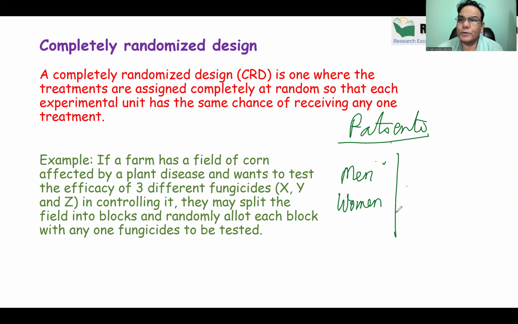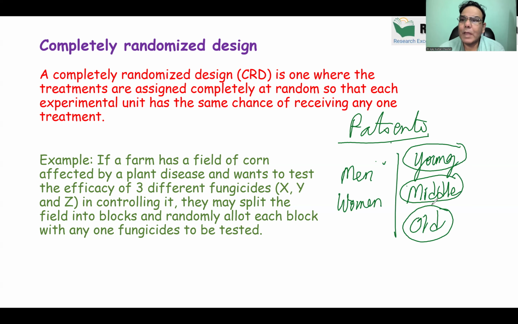Another possible grouping is young patients, middle-aged patients, or old-age patients. So this is group number one, this is group number two, and this is group number three. Or you can divide the patients on the basis of marital status: unmarried, married, or single. So the first step is to divide the patients into some homogeneous groups.